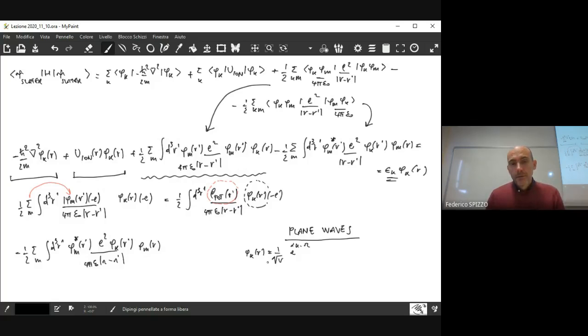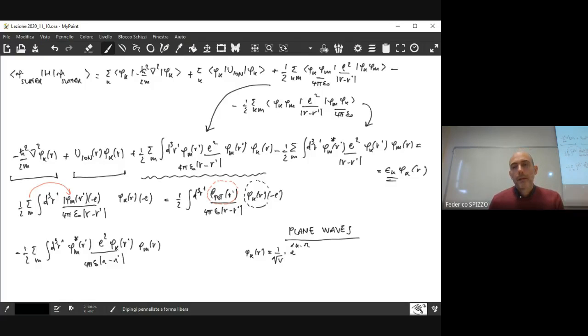The use of plane waves simplifies the problem, not just due to the structure of the wave function, that is just a phase, but also due to another motivation.